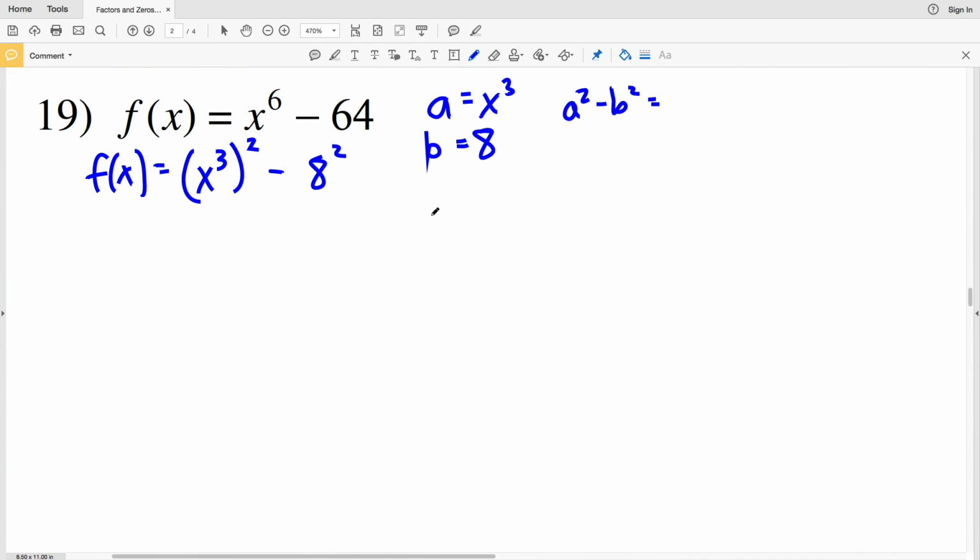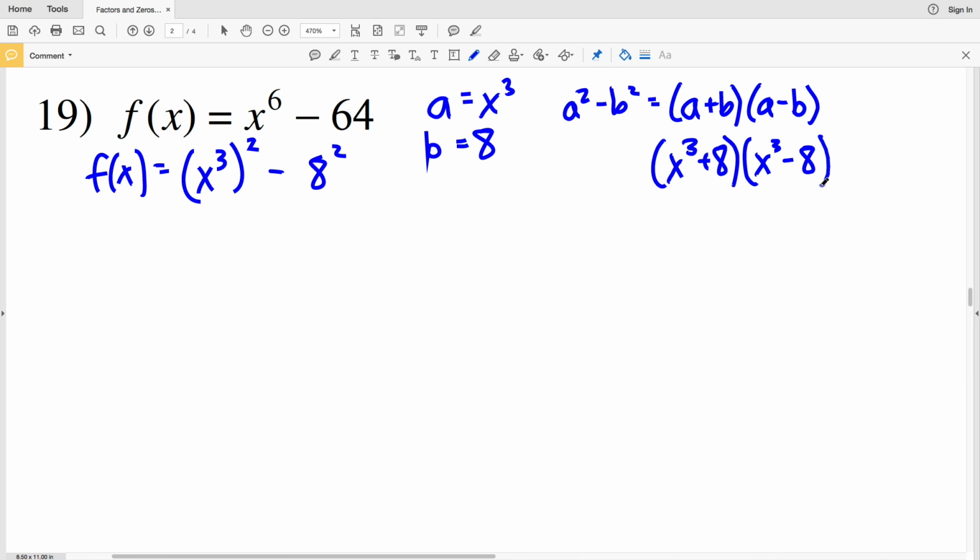So for number 19, it's a plus b times a minus b, which, if a is x cubed and b is 8, we will have x cubed plus 8 times x cubed minus 8. So now, over here, I'm just going to rewrite our function as x cubed plus 8 times x cubed minus 8.